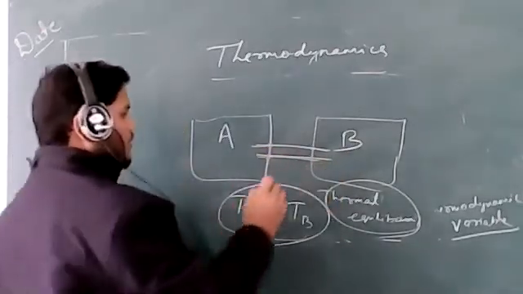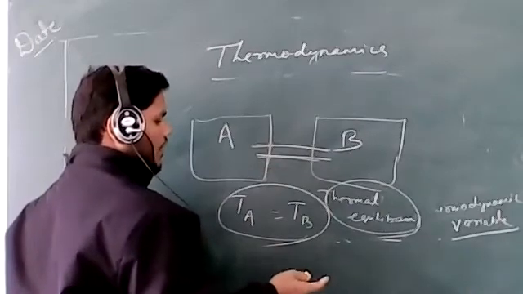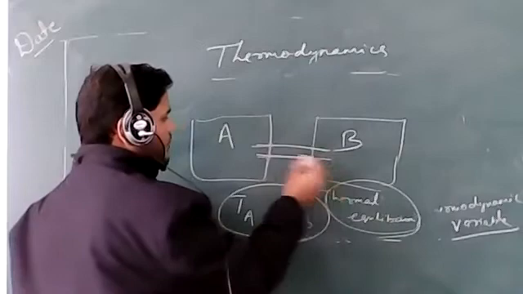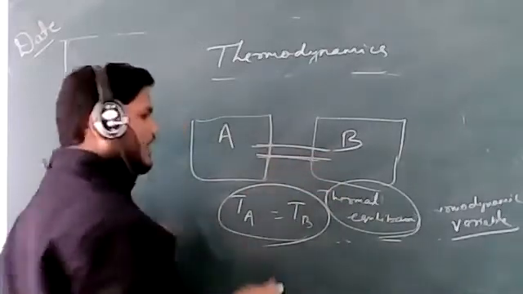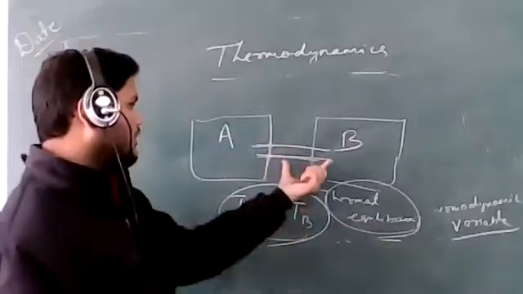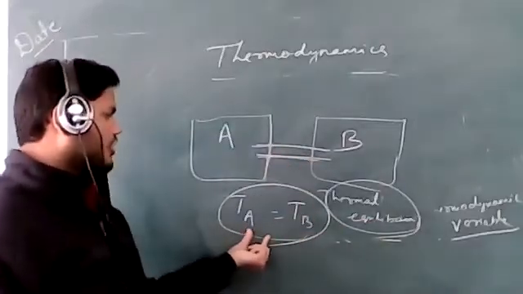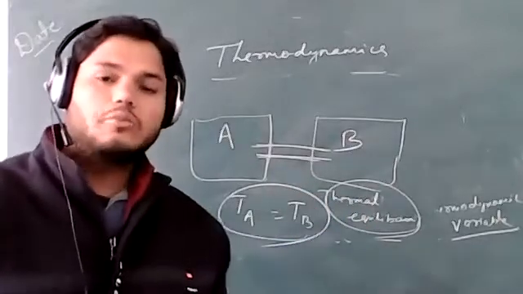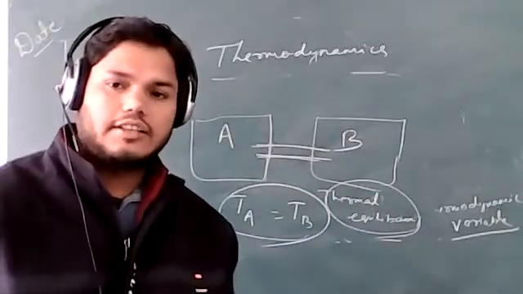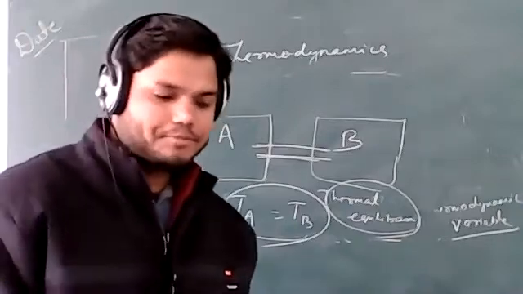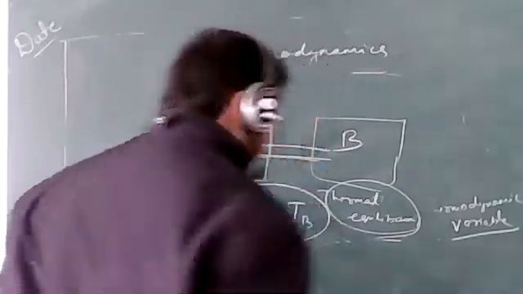Up to what extent will the heat flow? When the temperature of both bodies becomes equal, the heat will stop flowing, because both bodies have the same temperature. In that condition we say that the two bodies A and B are thermally in equilibrium with each other. Okay, these are the basic concepts.